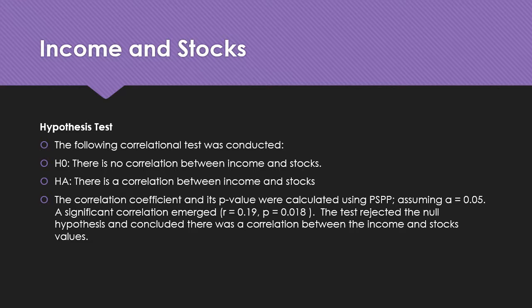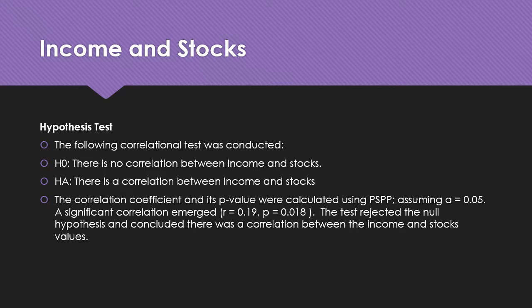Next up was income and stocks. The null hypothesis here was that there was no correlation between income and stocks. The alternative hypothesis is that there is a correlation between income and stocks. When we did testing, we saw that there was a correlation value of 0.19. That means that there is a positive correlation, but it's not that strong.